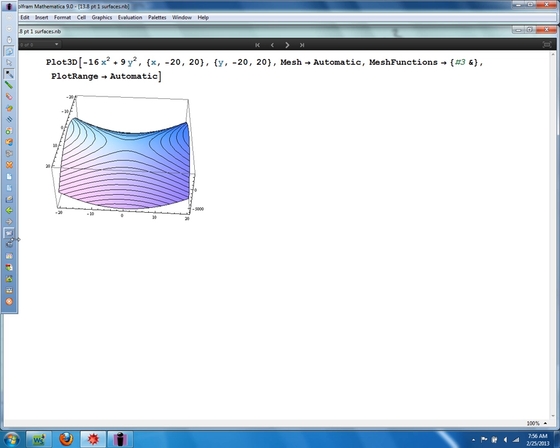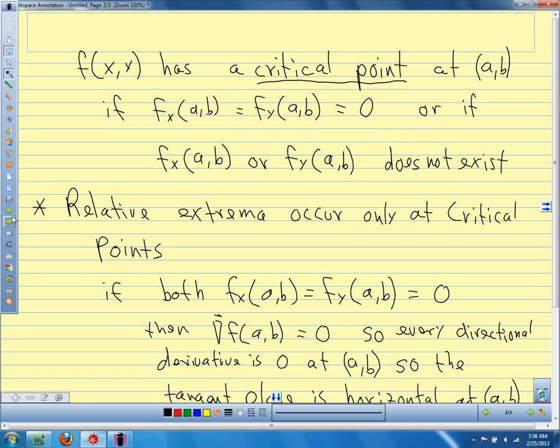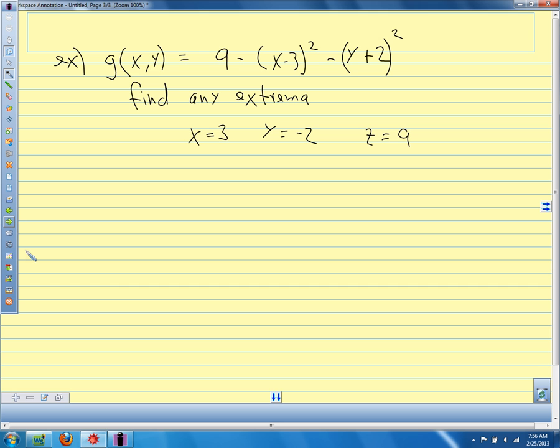So what would you guess we would do to figure out if we have a saddle point? What do we do for a function of single variable? Second derivative. We had the second derivative test, right? And that would tell us if we had an inflection point. Well, we have something similar to the second derivative test.